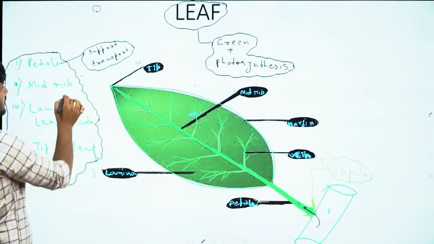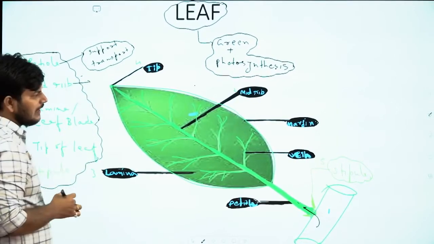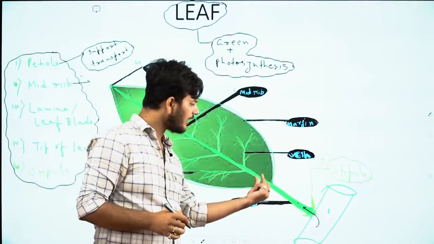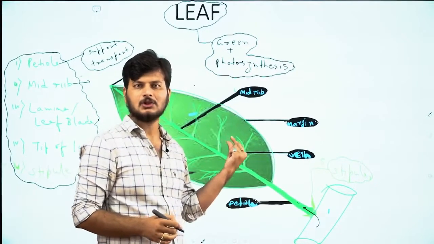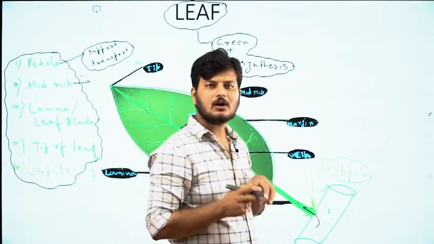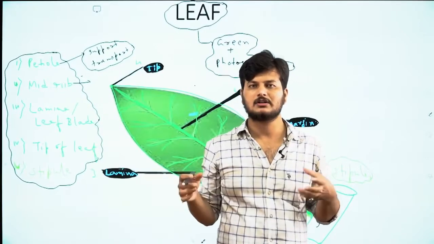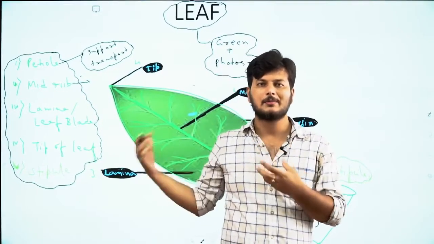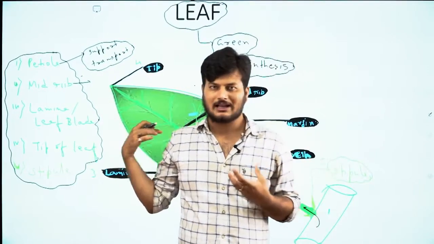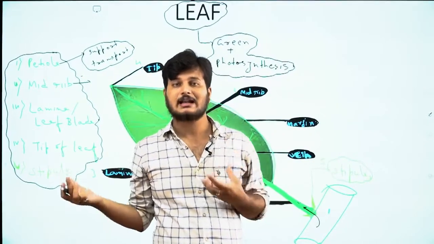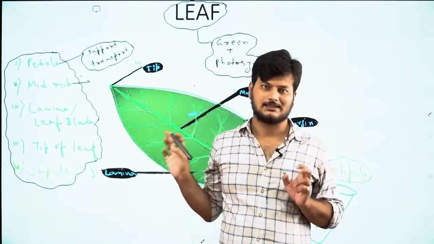While the second structure is the midrib. What is the midrib? Actually, the midrib is the main vein which provides a lot of water and minerals to the lamina, or the parenchymatous cells, so that it can perform photosynthesis.